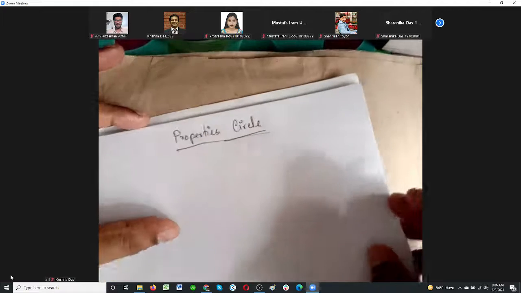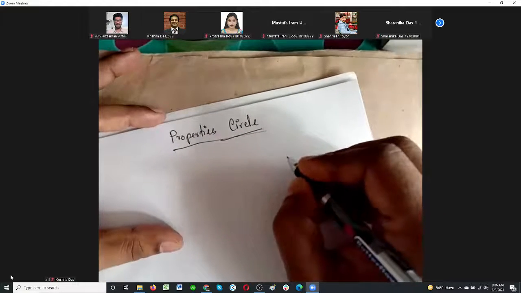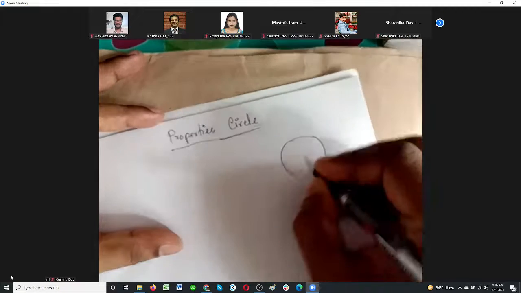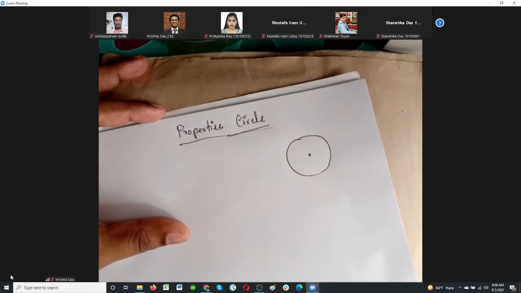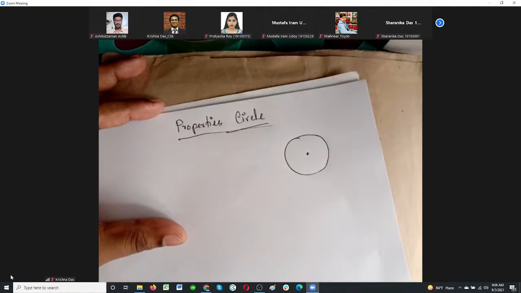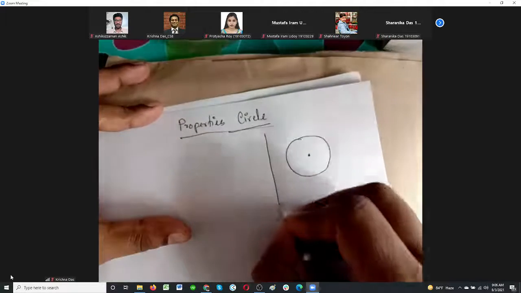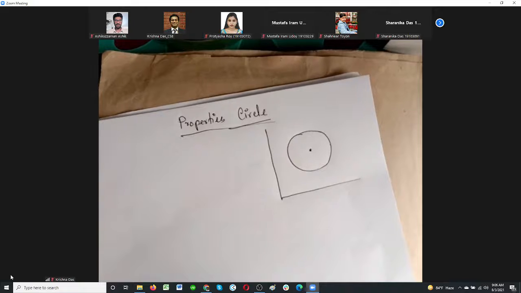Then we will go for actually writing the formal part of the algorithm. So properties of a circle: if we want to draw it in the space, it can have a random scenario. Like this is one of the scenarios. We said that we need a center, which is important, and someone said the radius as well, right? If we think of a coordinate space, we can have a circle like that, right?